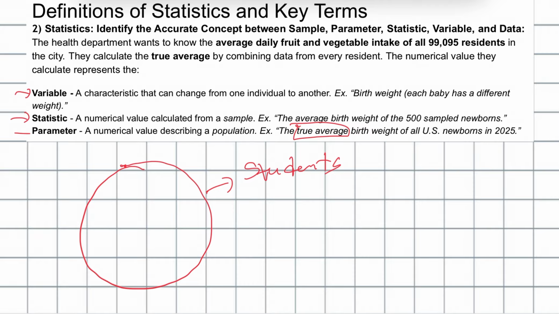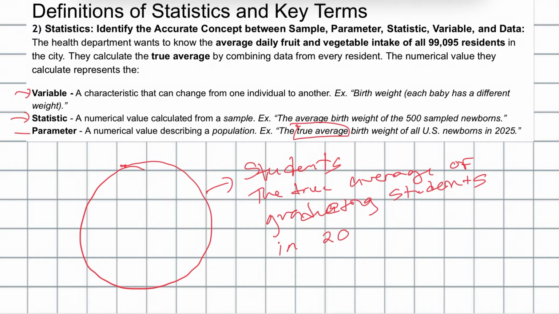So let's say a parameter could be the true average of graduating students in 2025.